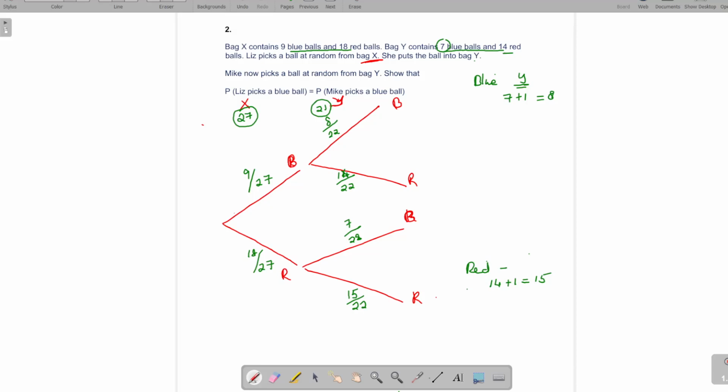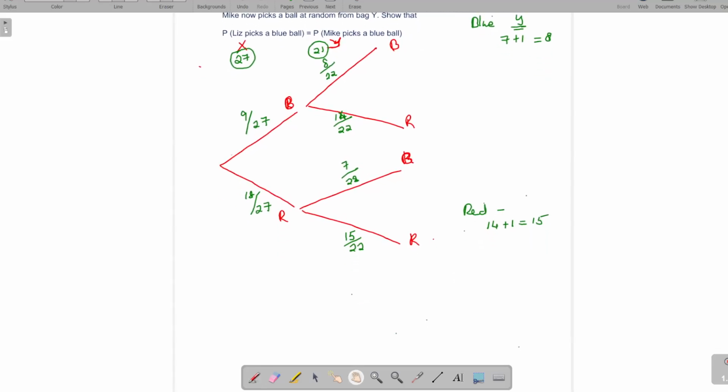So that is the tree diagram. Now the question we need to prove: the probability of Liz picking a blue ball is equal to the probability of Mike picking a blue ball. So let's look at the probability of Liz picking a blue ball.